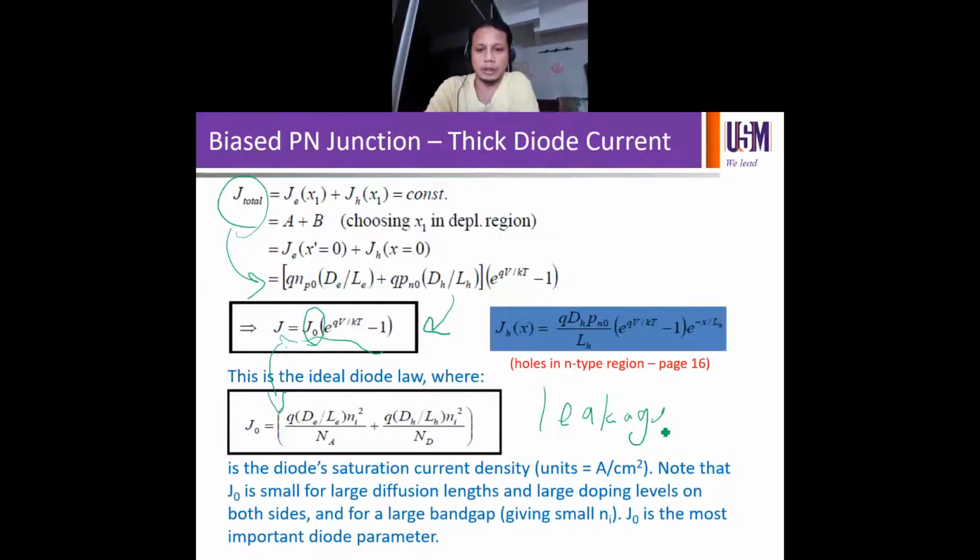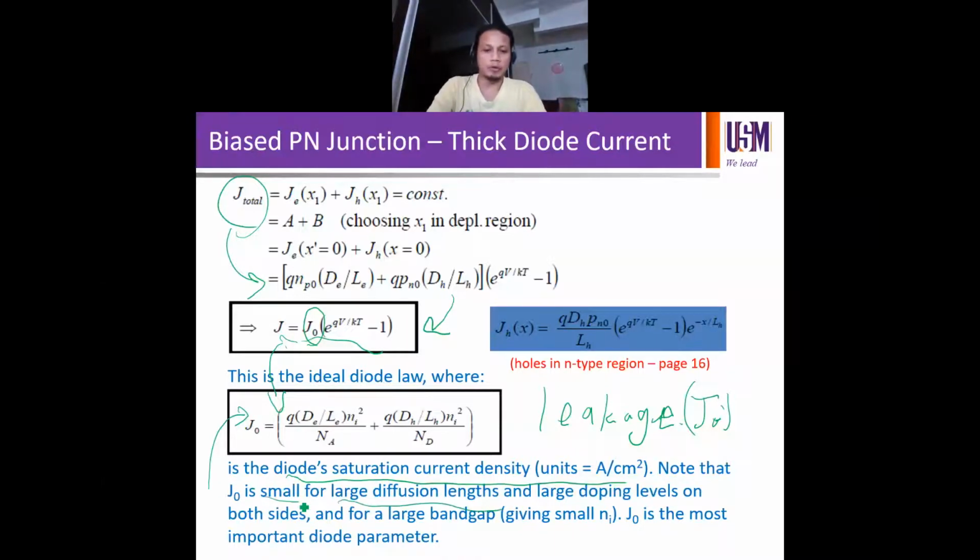J naught is also called the diode saturation current density. Note that J naught is small for large diffusion length. If you look at this equation, to be able to get low J naught, you have to have large diffusion length, which is large LE or LH, right?